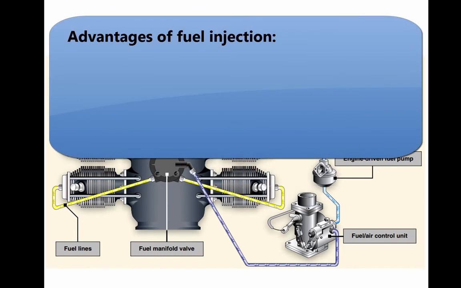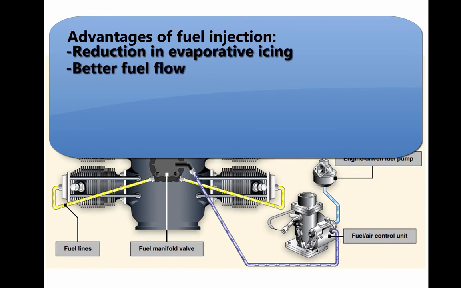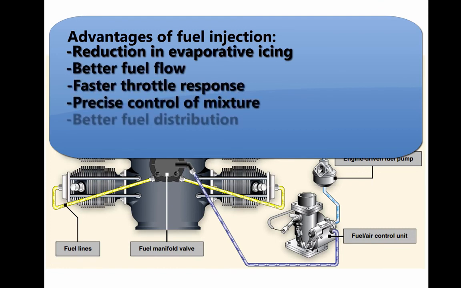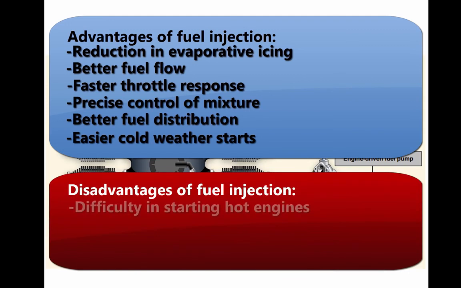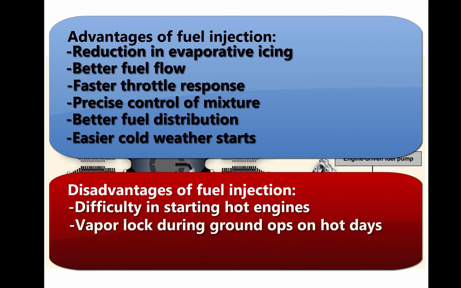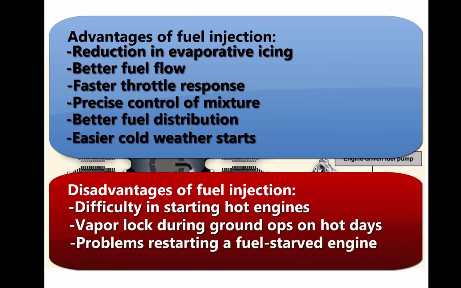Advantages of fuel injection: reduction in evaporative icing, better fuel flow, faster throttle response, precise control of mixture, better fuel distribution, and easier cold weather starts. Disadvantages: difficulty in starting a hot engine, vapor locks during ground operations on hot days, problems associated with restarting an engine that quits because of fuel starvation.